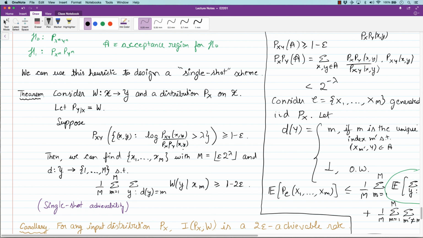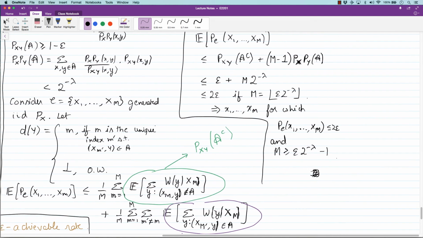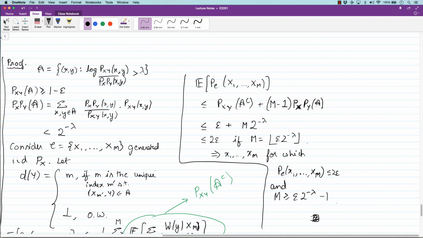A useless channel is one where this distribution is independent, and when channel input and output are independent, then nothing can be done. So if you give me the acceptance region for that test with false alarm probability less than epsilon, then we can bound the rate in terms of the error exponent of the probability of error of type 2.